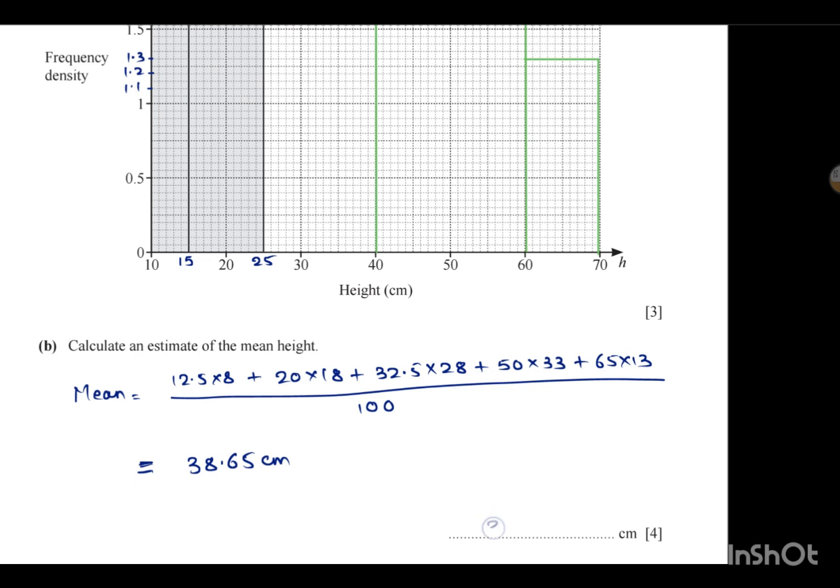That is the mean height for the given data.